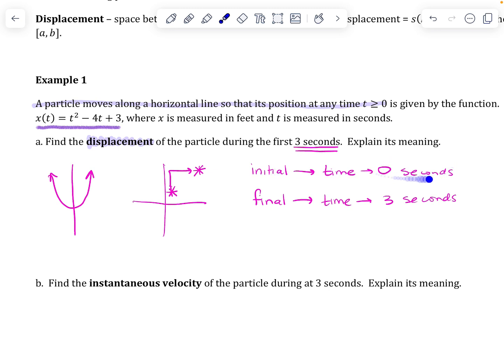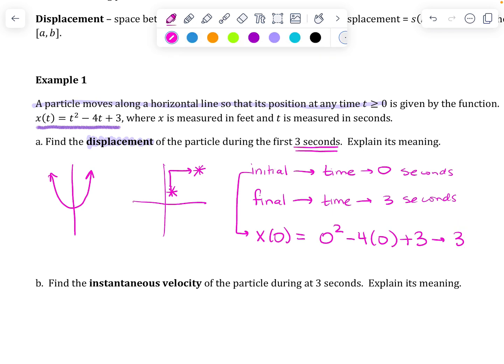Since 0 is a measure of time, and that stands in for t, all we do to find the initial position is sub in 0 into the equation. 0 squared is 0, 4 times 0 is 0, and that's 3. So at 0 seconds, the particle was at 3, technically 3 feet away.